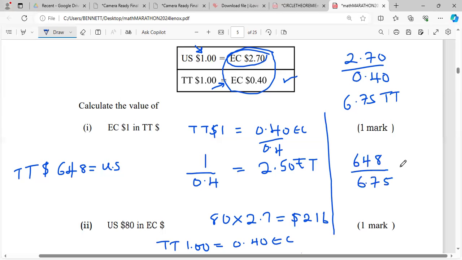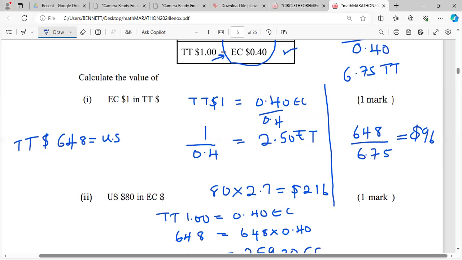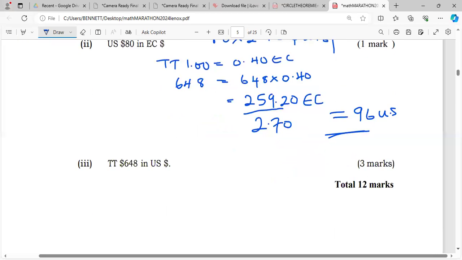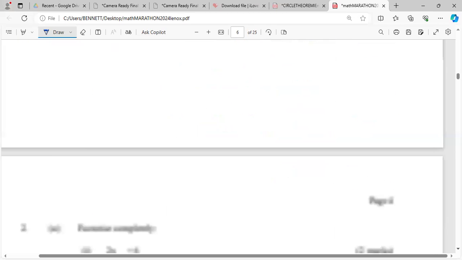And that will also give you $96. So more than one way, but I think this way is easier: convert it to Eastern Caribbean first and then convert it to US, since we know the equivalents. Alright, so that one was a good one.